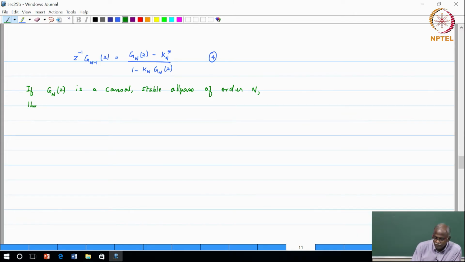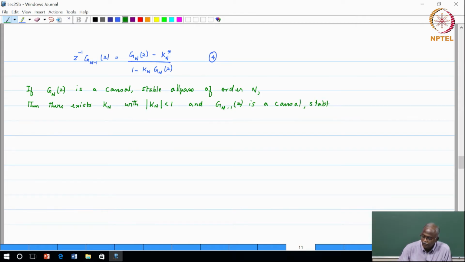Then there exists a coefficient k subscript n, such that mod k n is strictly less than 1, and g n minus 1 of Z is also a causal stable all pass of order n minus 1, all pass of unit magnitude, that means there is no gain.